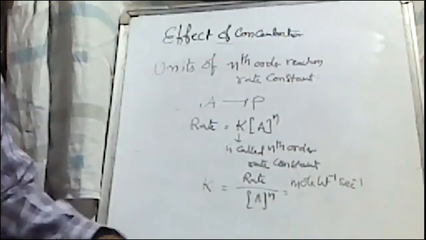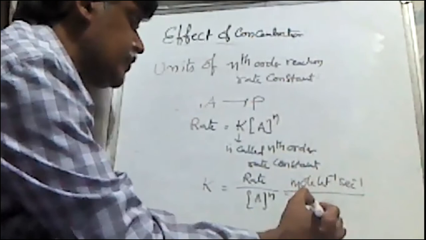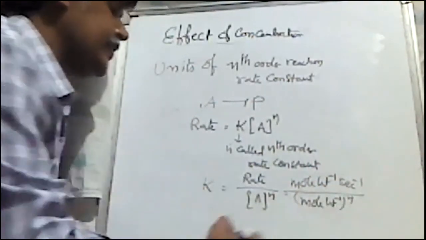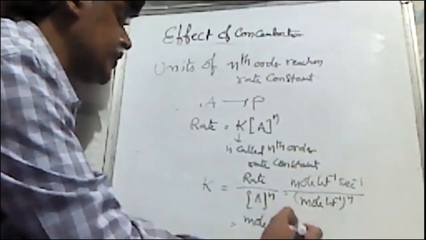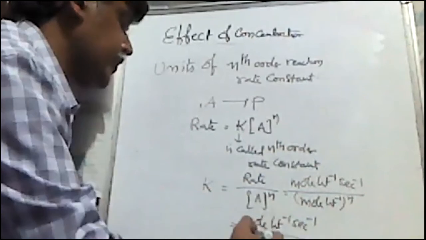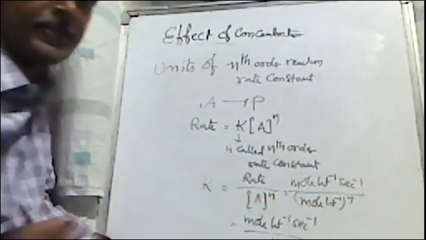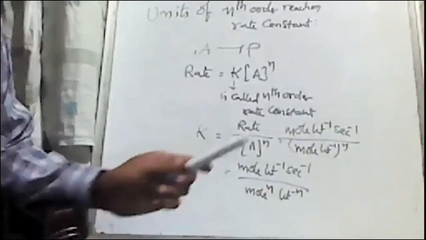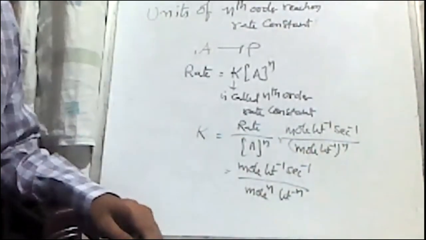If it is expressed in seconds, then what are the concentration units? Mole per liter, mol L⁻¹, whole power n. Now if I simplify it, mol L⁻¹ s⁻¹ by mol^n L^-n.